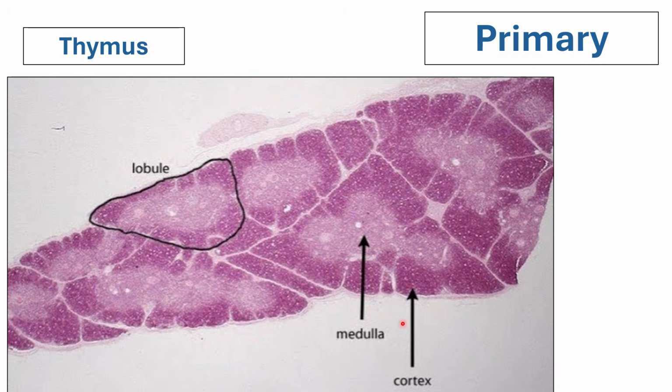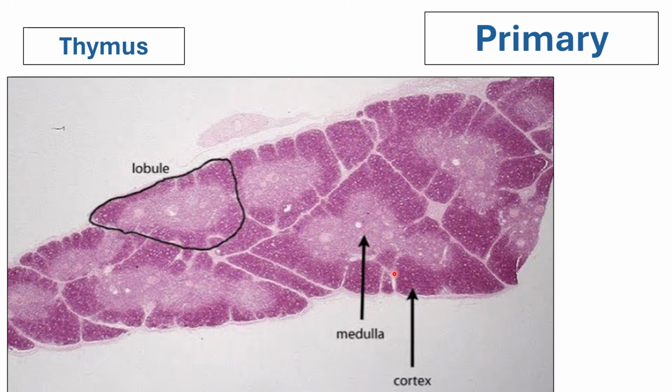And here you can see that the cortex is darker stained than your medulla. That is so because the cortex has a higher concentration of your T cells because the training area is in the cortex. Okay, so this is where they are detecting whether the T cell is already able to detect self from non-self.